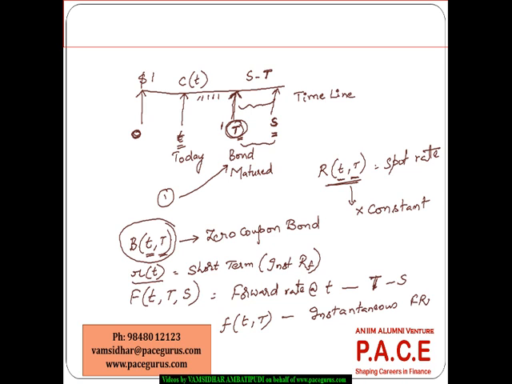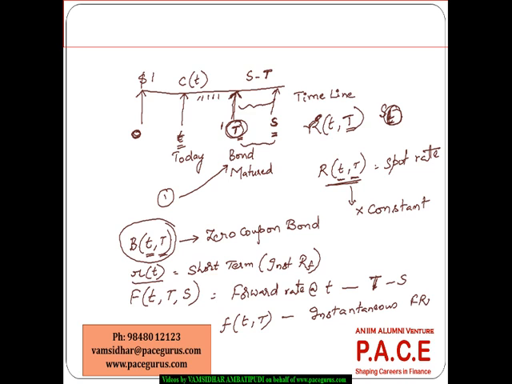So that's the reason the modeling of the interest rate becomes more and more difficult compared to the modeling of the share prices, because the models of the share prices are primarily dependent only on the time, whereas the modeling of the interest rates, as we are seeing here, depends on the time as well as the maturity period.